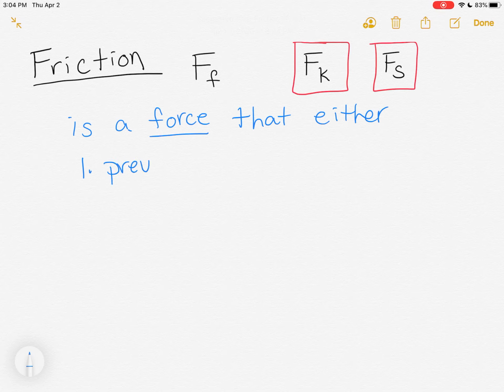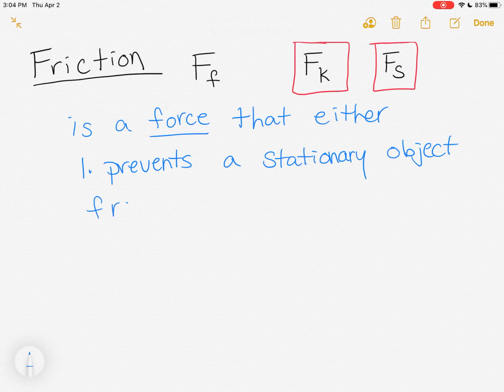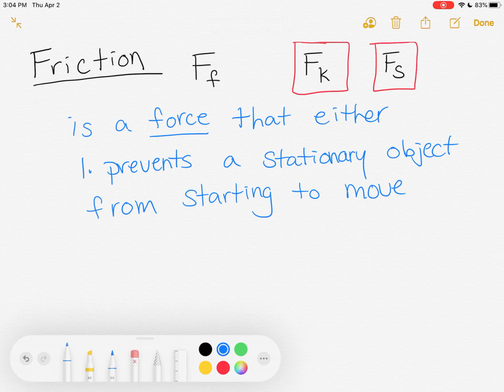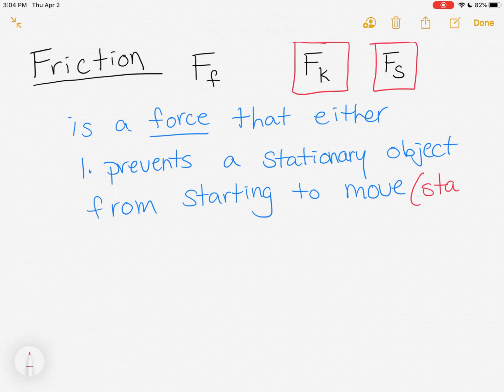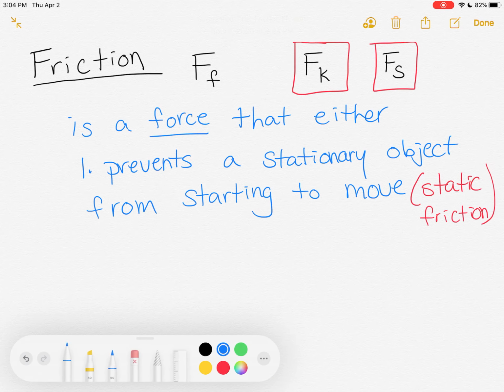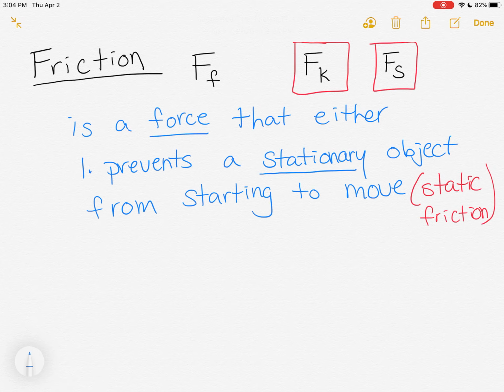It either prevents a stationary object from starting to move, and this one is called static friction. In this one, we're dealing with a stationary object and we're preventing it from starting to move.